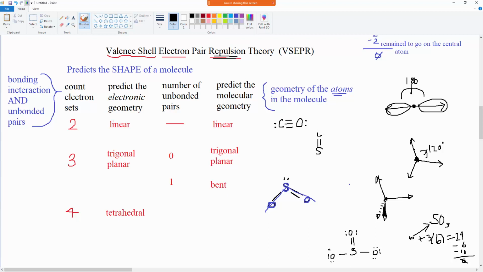It doesn't matter which one gets the double bond because they're all identical. And often when I'm looking at geometry, I'm not going to show the electrons on the outer atoms because I don't necessarily need them to show the geometry around the central atom. They're still there, right?